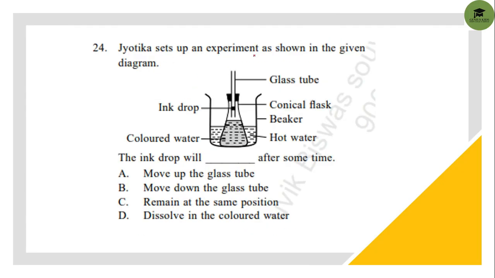Jyotika sets up an experiment as shown in the given diagram. What is there? If you see, there is colored water in a conical flask. There is hot water in a beaker. There is a glass tube, and in the glass tube there is an ink drop.